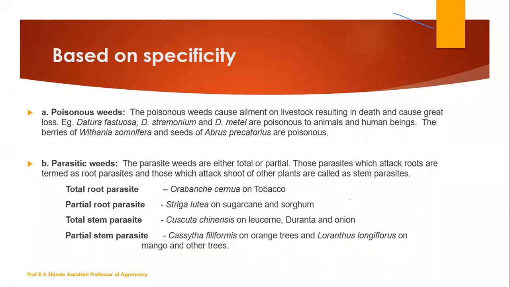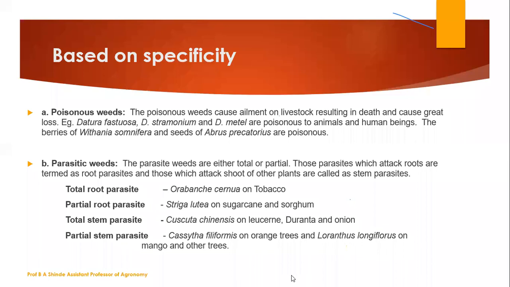For example, Datura fastuosa, Datura stramonium, and Datura metel. These are the common poisonous weeds which can affect human as well as animal welfare. Also the berries of Withania somnifera and the seeds of Abrus precatorius are poisonous.